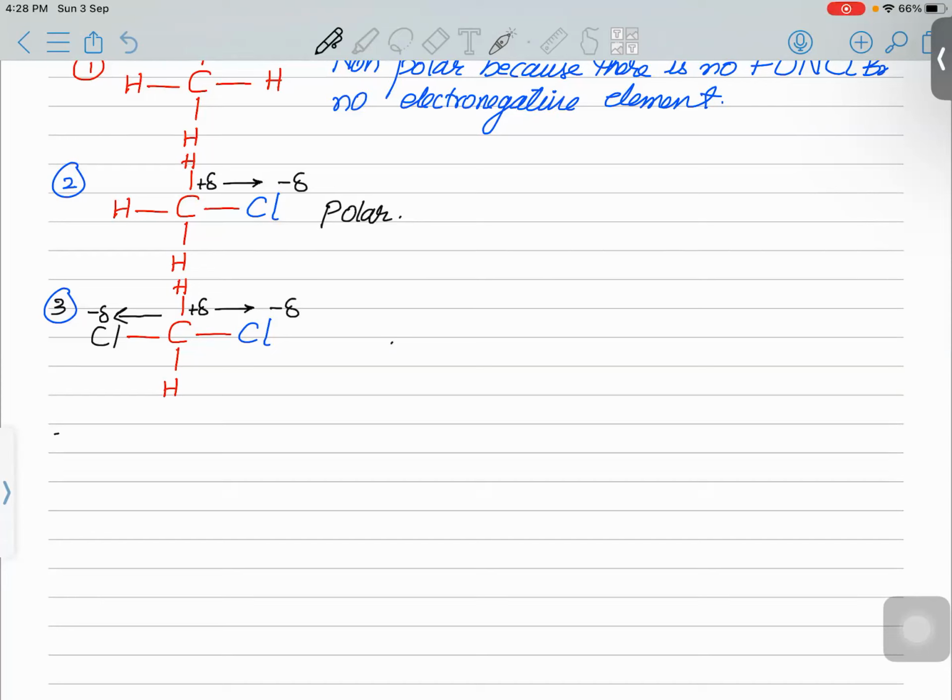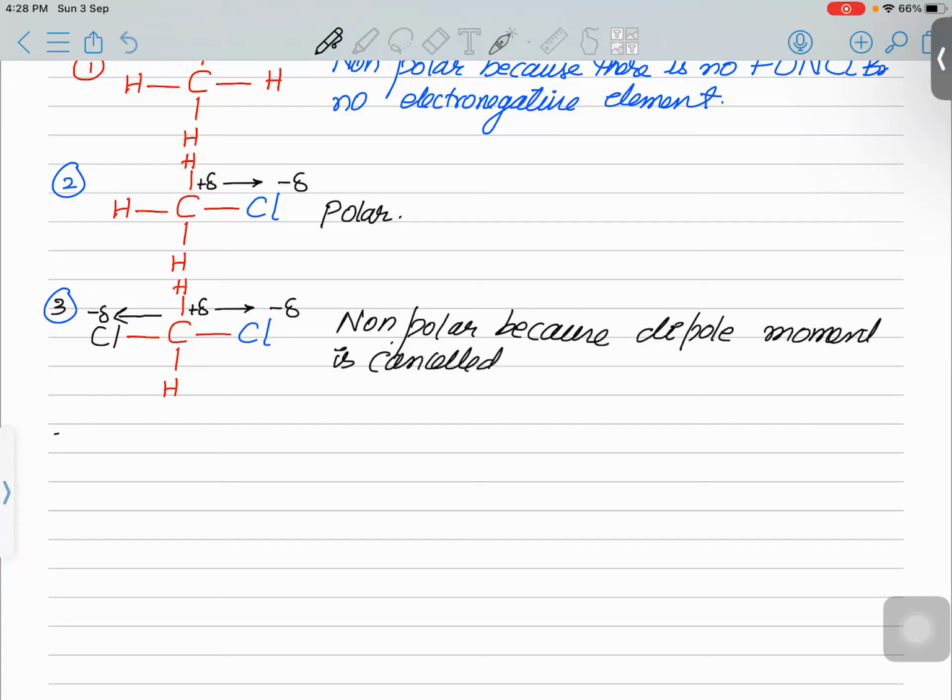So net charge is 0. Net dipole is 0. Non-polar, because the dipole moment is cancelled out, or you can say that net dipole is 0.